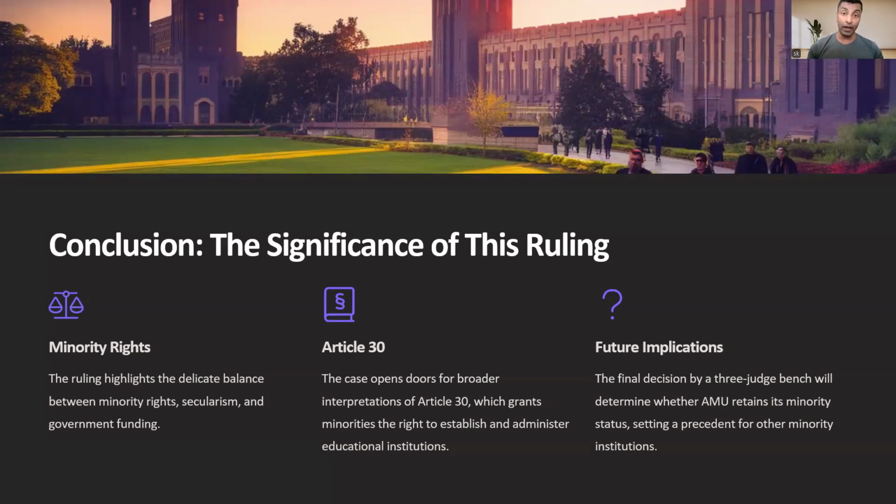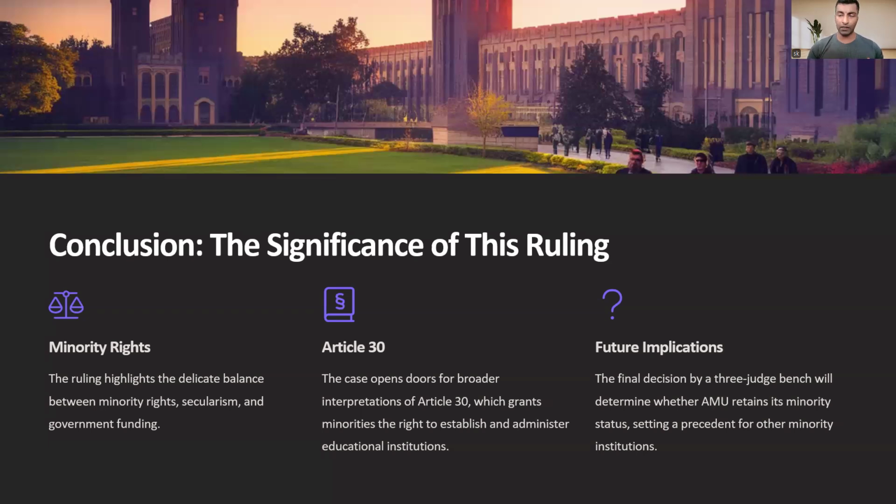Now, if you look at secularism and funding, the case underscores a very critical question. Can an institution that receives public funding operate with religious or community-based preferences, or does secularism mandate complete neutrality? So these are the questions which are coming into the picture. Now, the significance of this ruling, guys: the Supreme Court ruling on Aligarh Muslim University's minority status is a landmark case that addressed the delicate balance between minority rights, secularism, and government funding.